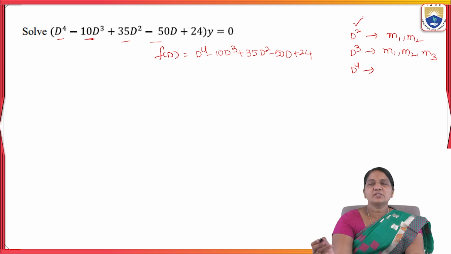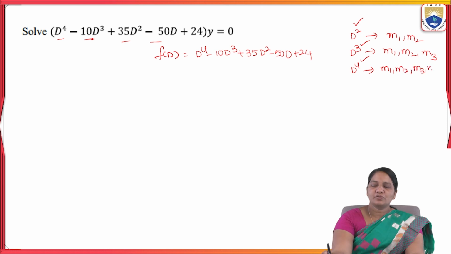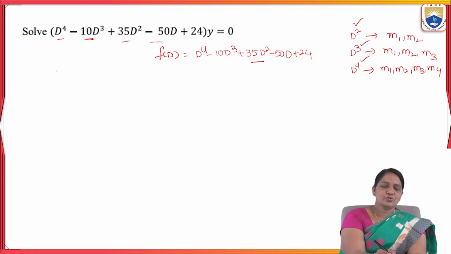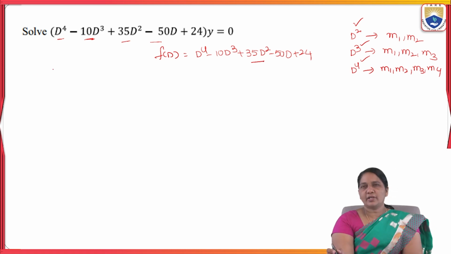So if you are having highest power d square means we are getting two roots, highest power d cube, then we are getting three roots, here highest power d power 4. So we are going to get the four roots here. So based on the order, we are going to get the roots. Based on that, we can decide. So here f of d equal to d power 4 minus 10 d cube plus 35 d square minus 50d plus 24. So now, what is the solution I can write here?